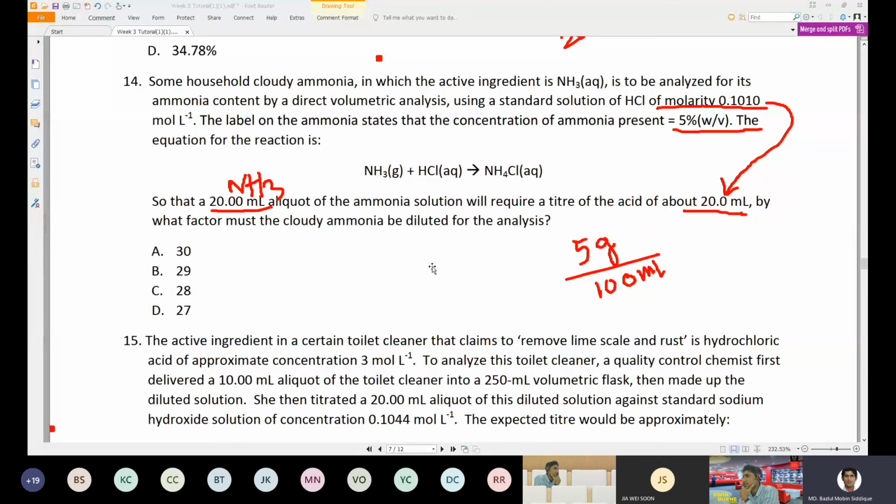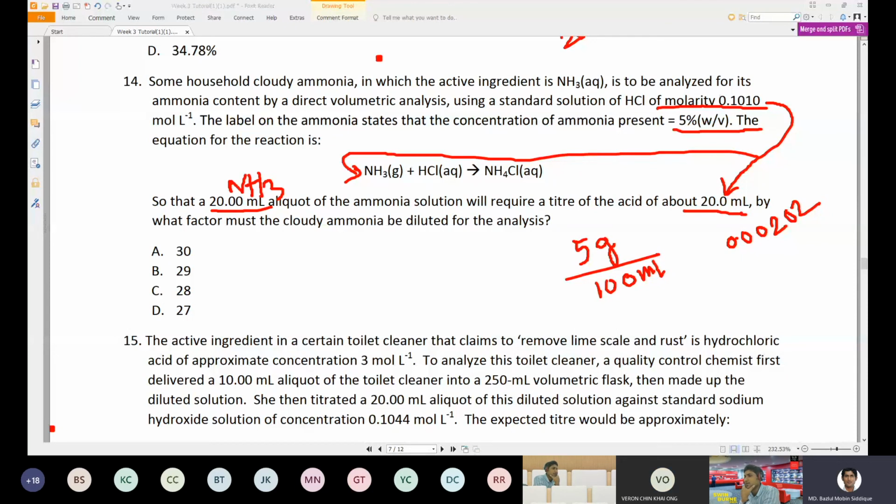But since it is a 1:1 reaction, the number of moles of HCl will be the same number of moles for ammonia. So we find 0.002 moles of HCl is equal to 0.002 moles of ammonia.